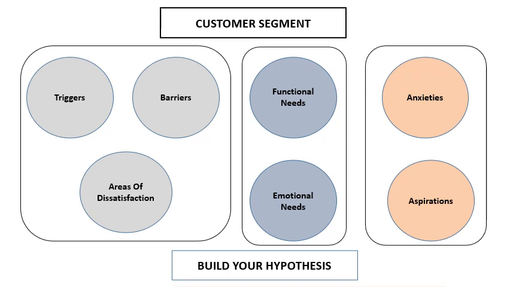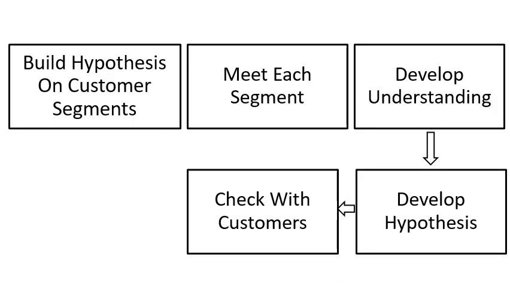You write your hypothesis, and then you take it to your consumer. And when I say consumer, you need to be clear which consumer. You take it to that consumer segment, show that this is an idea that I have, and ask whether they like it or don't like it, or think that an improvement is needed.